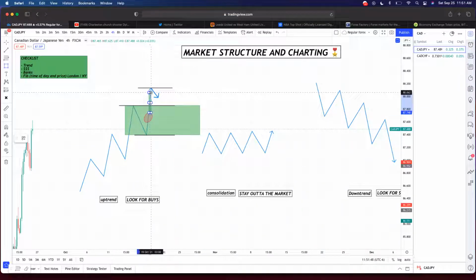You want price to break above that structure and close above it. You don't want a rejection. A rejection is a sign that it might continue going lower. So the answer was 3. That was not a break and close of structure. Does that make sense, guys? Drop a 7 if you understand. Drop a 9 if you want me to repeat.